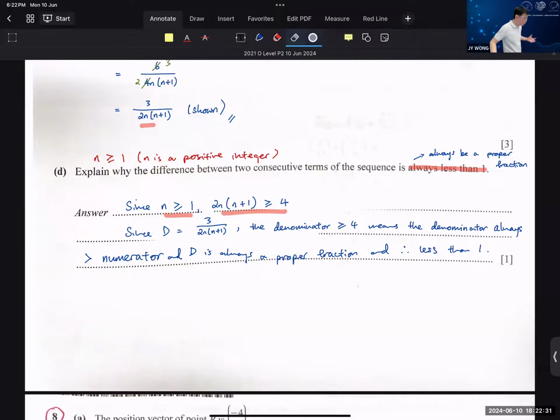You show me that the denominator, which is 2n times n plus 1, is always more than or equal to 4 when n is more than or equal to 1, which must be the condition. And therefore, your denominator being greater or equal to 4 means that it will always be larger than the numerator.